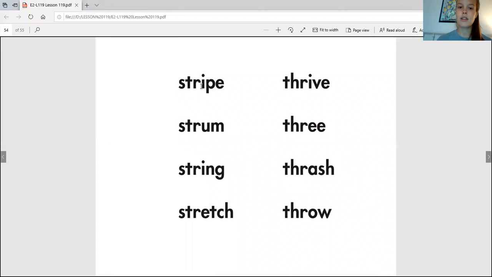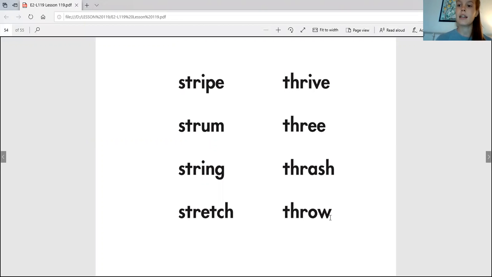All right, so let's read through these words that have str and thr. Stripe, strum, string, stretch, thrive, three, thrash, and throw.